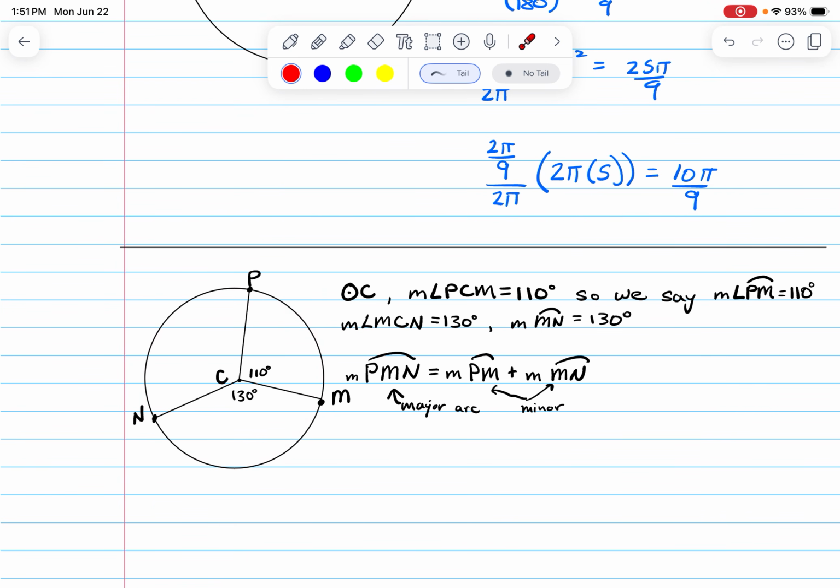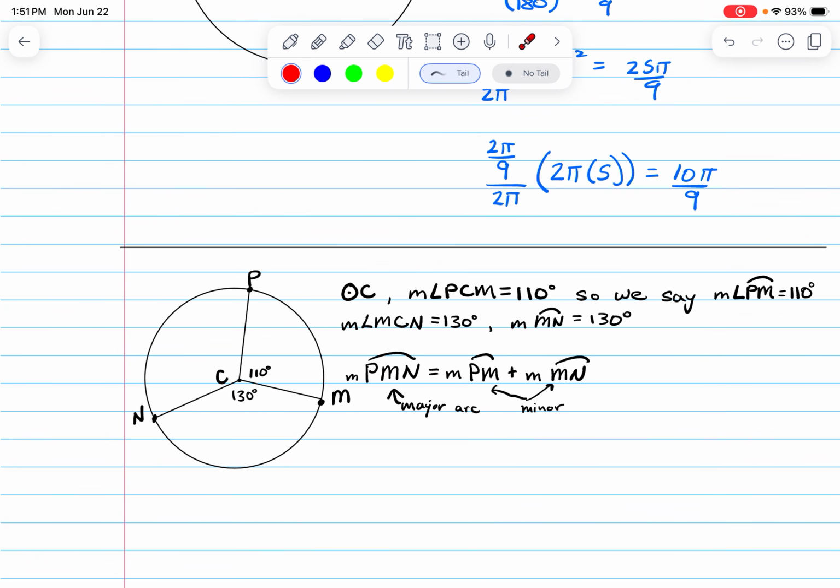And what we've got here is a central angle. These angles that are formed from the center of the circle, we call those central angles. This right here, 110, is a central angle. 130 is a central angle.